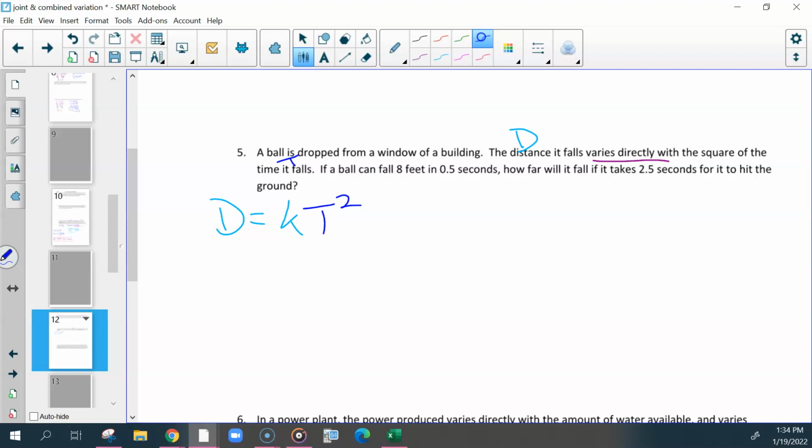Then for our information, we know the ball can fall 8 feet, that's our distance. We don't know our k, but we know our t is 0.5.